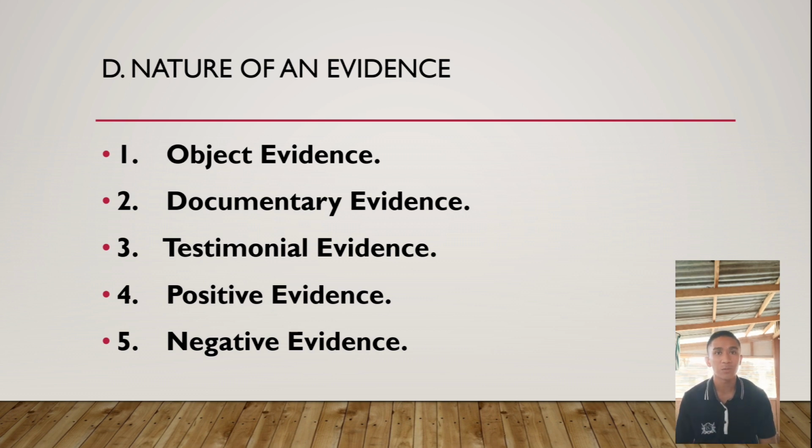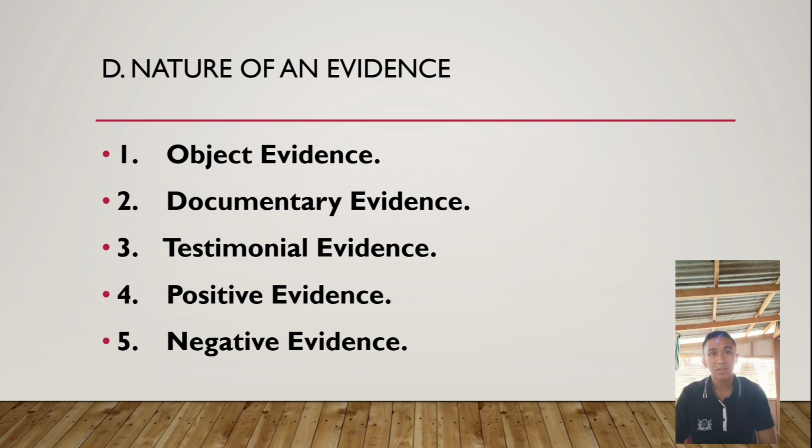So, the fourth one is positive evidence. This evidence exists if the witness affirms that a fact did or did not occur. It is also entitled to greater weight since the witness represents his personal knowledge about the presence or absence of a fact.